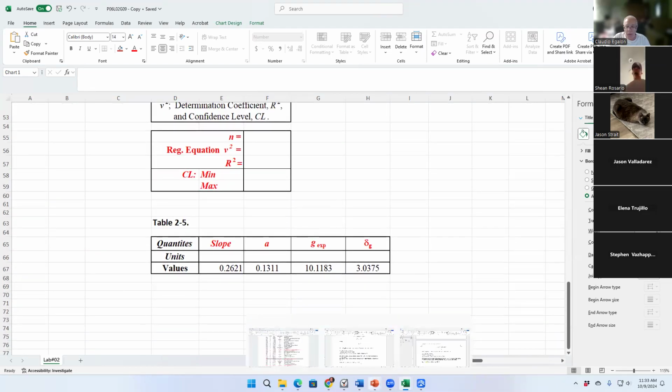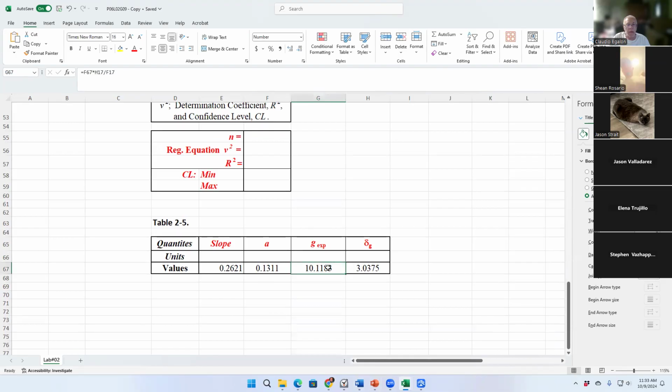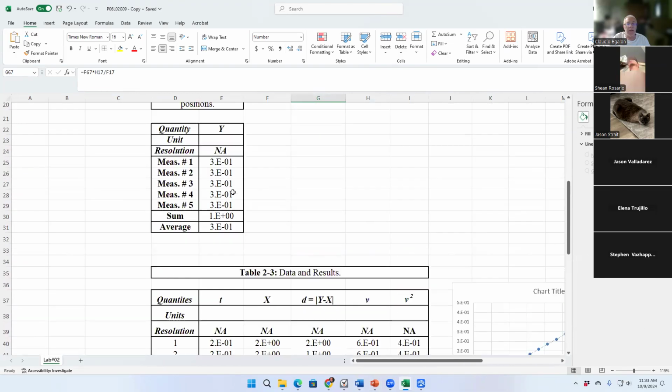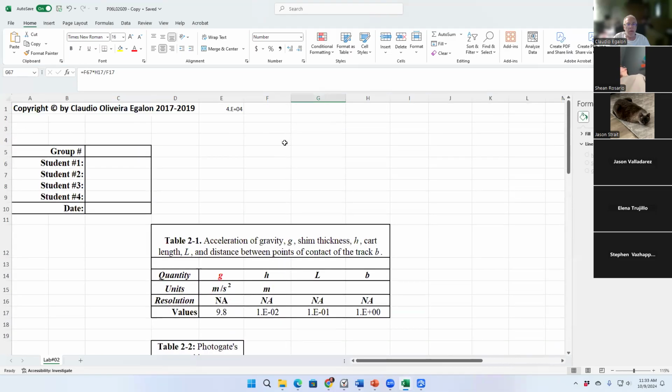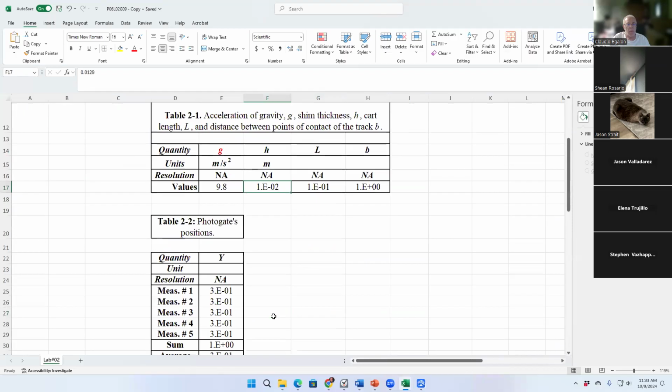And F17 is h. Right here, b divided by h.